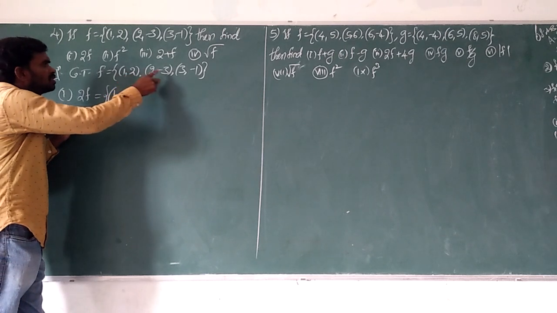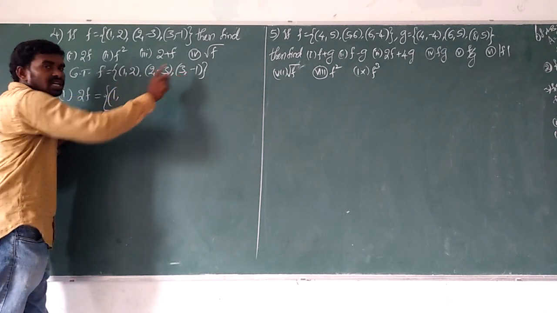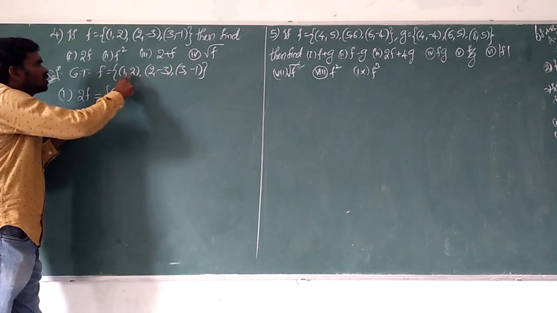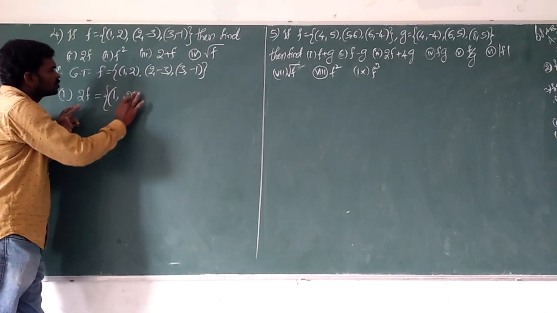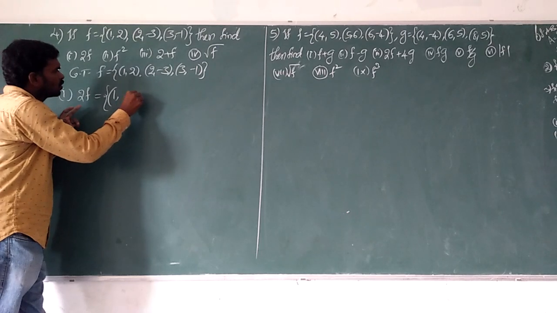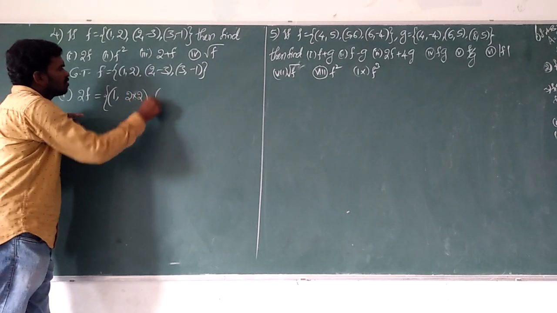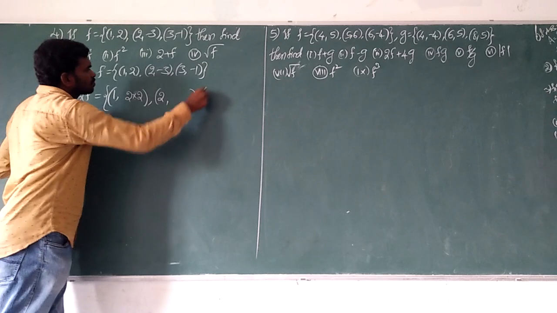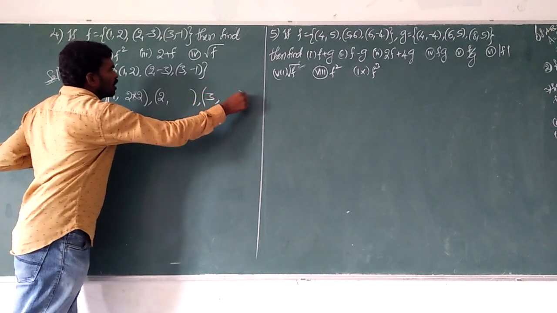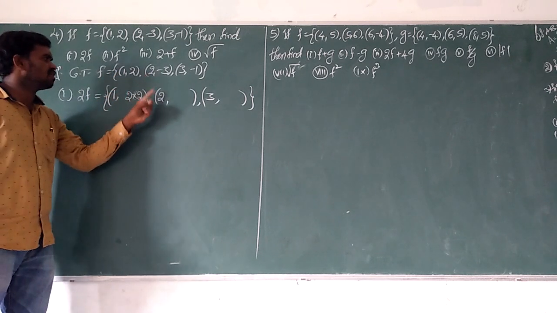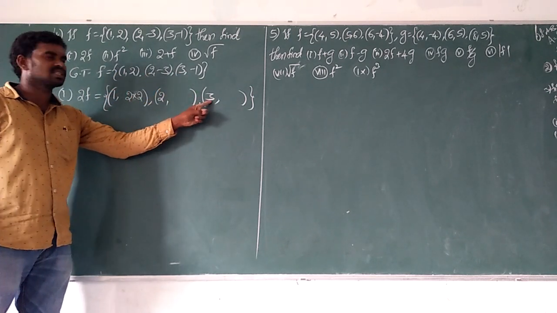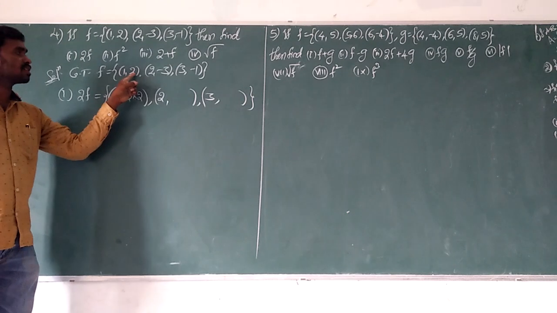So here 2 is the image, minus 3 is the image, minus 1 is the image. For 2, multiply with 2. So 2 into 2. Then the first element is written as is. In every ordered pair, first element as is, and the second element is called the image.